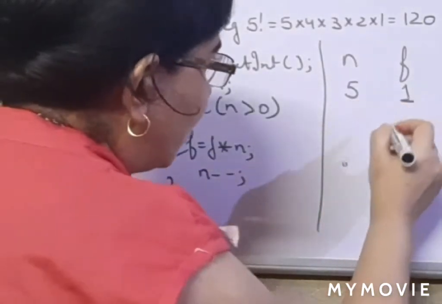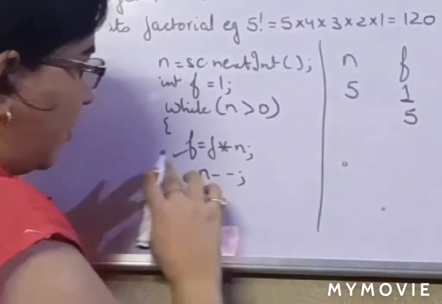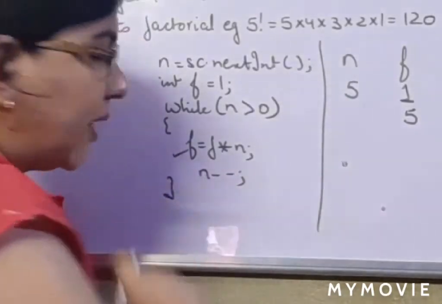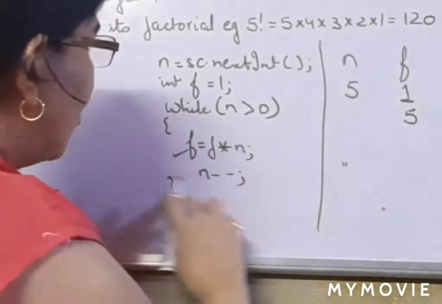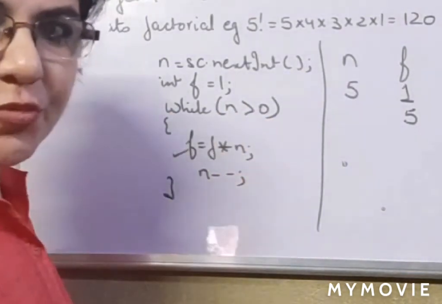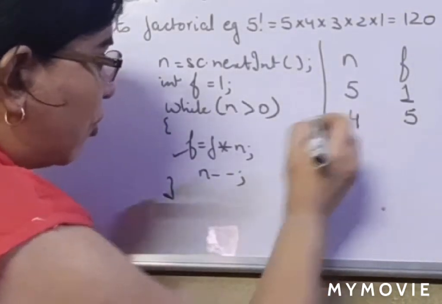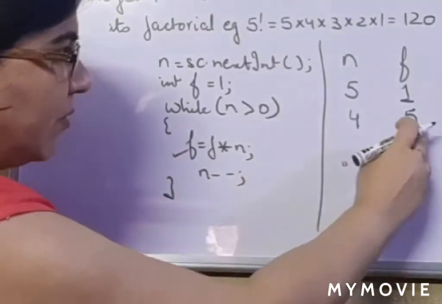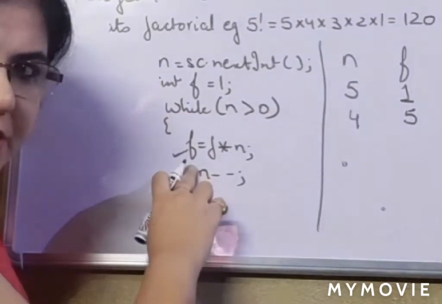So the value of f has changed. N minus minus will become how much? 4. 4 is greater than 0. F is how much? It is 5. And n has become 4. So 5 into 4 will give you 20, which will be stored in f itself.